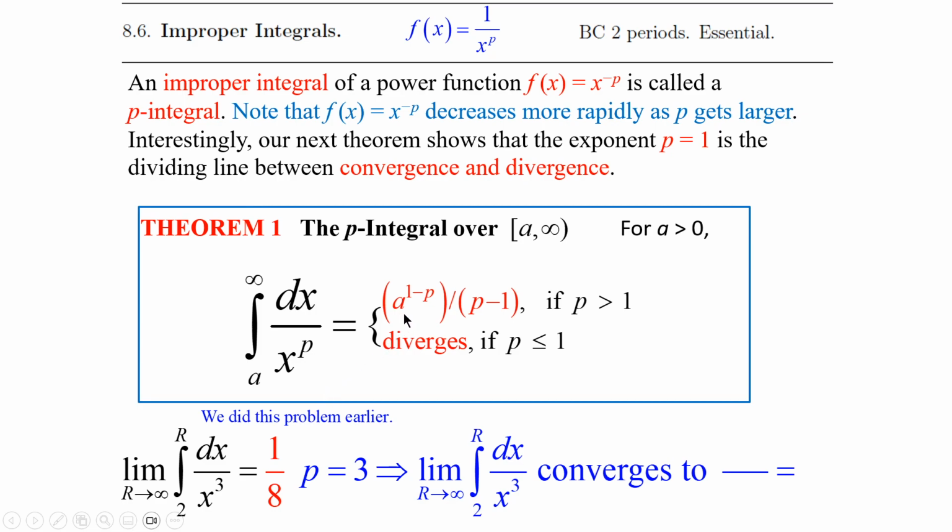So I'm going to go 2 to the 1 minus 3 power, that'd be 2 to the -2 power, over 3 minus 1, over 2. And isn't that 1 over 2 squared times 2? 1/8. 1/8. There it is.